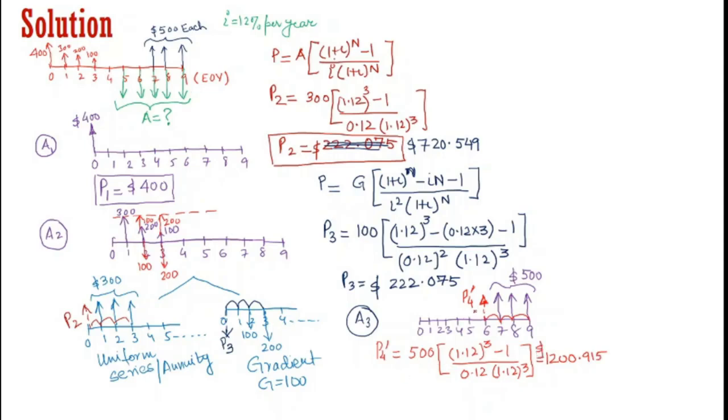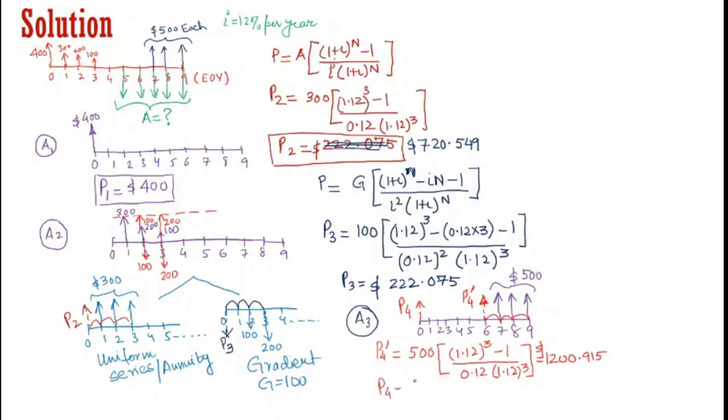This P4 dash is the equivalence of this uniform series at n equal to 6. But we are calculating the equivalence at t equal to 0. So if I treat P4 dash as a future worth, I can apply the relationship between P and F. Let me call this P4.